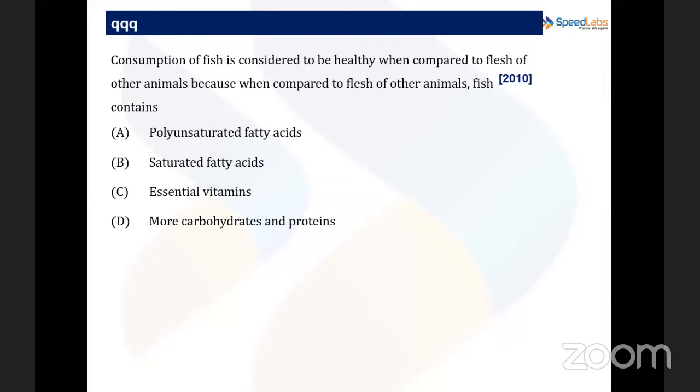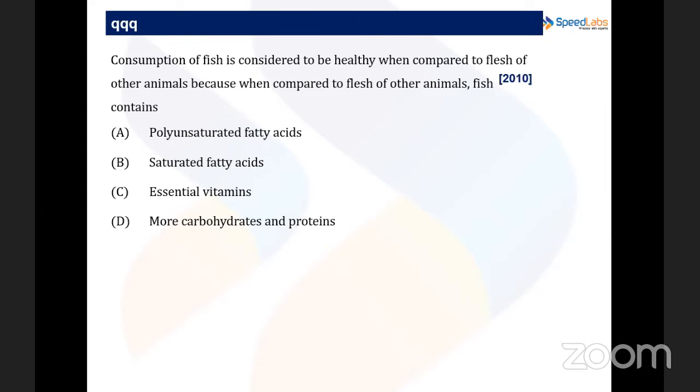The next question is, consumption of fish is considered to be healthy when compared to flesh of the other animals because, when compared to flesh of other animals, fish contains: option A, polyunsaturated fatty acids; option B, saturated fatty acids; option C, essential vitamins; option D, more carbohydrates and proteins.